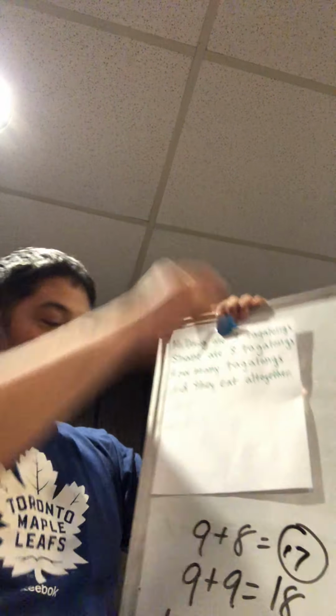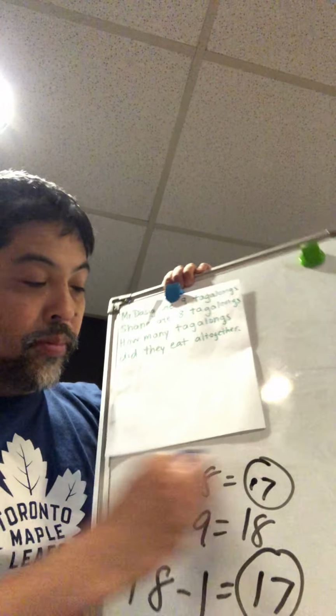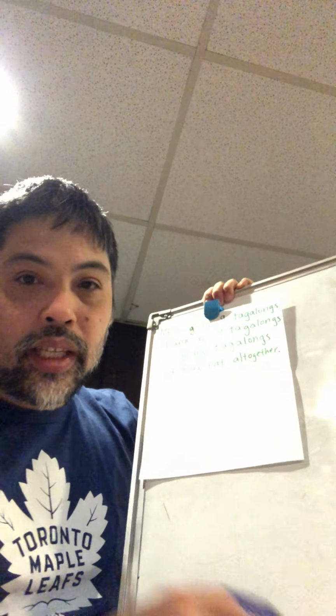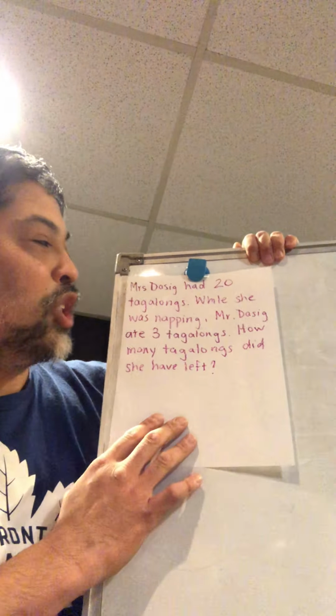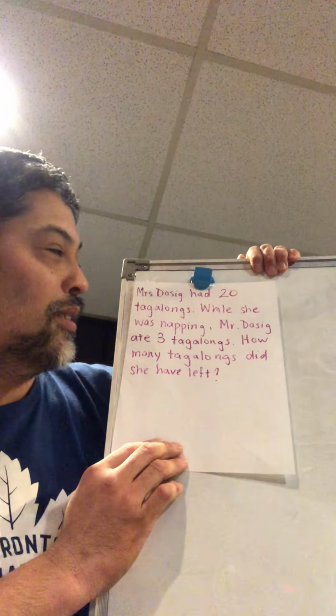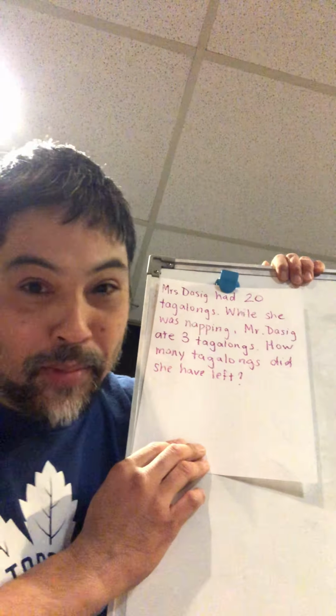All right? Now this is an addition number story because we're trying to find out how many they ate altogether. Okay? Let me show you a different number story. Now, this is a true story. Okay? Mrs. Dasig had 20 Tagalongs while she was napping.